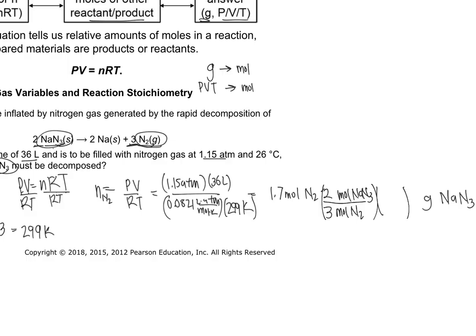And then the last step is we're in moles of sodium azide, but we want to go to grams. So we're going to add our mass of sodium and 3 nitrogens, and that gives us a molar mass of 65 grams per mole. So the moles of nitrogen cancel out, moles of sodium azide cancel out, and we're left with grams. When we plug all of that in, we need 72 grams of sodium azide in our airbag for it to inflate to the volume we want.